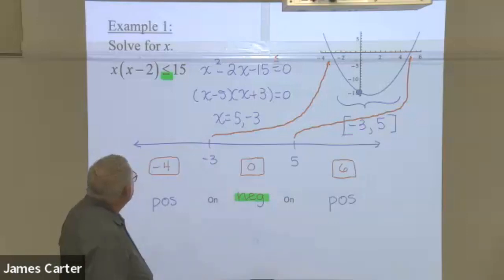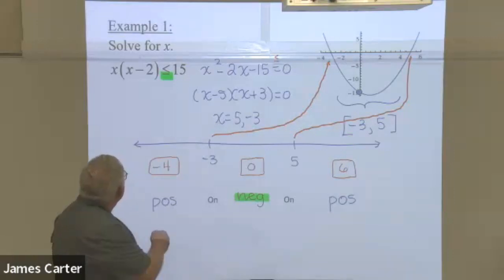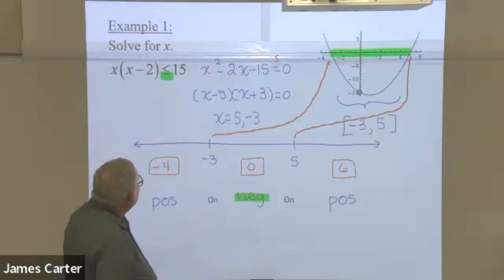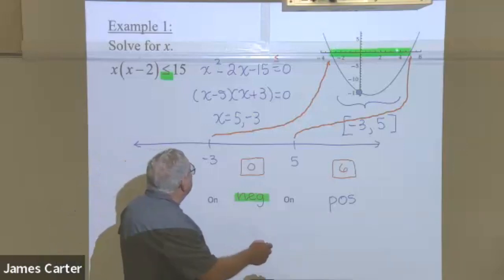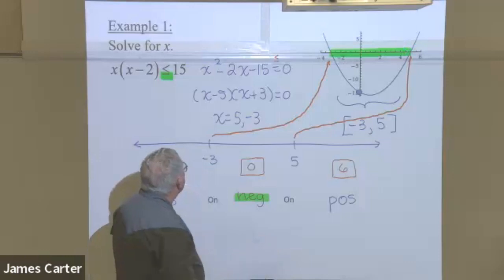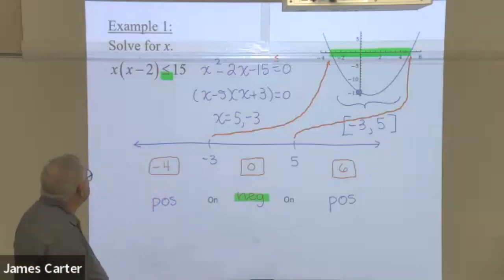Okay? If they're trying to make this harder than it needs to be, what you need to look at is what part of this thing is included on here. Well, only that part between here and here. Okay?